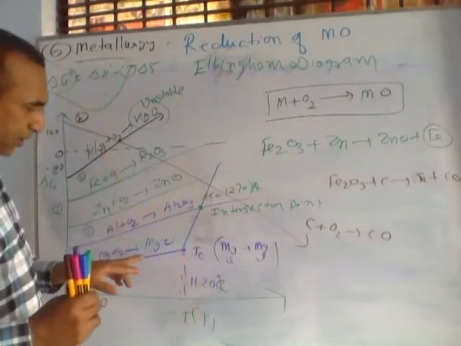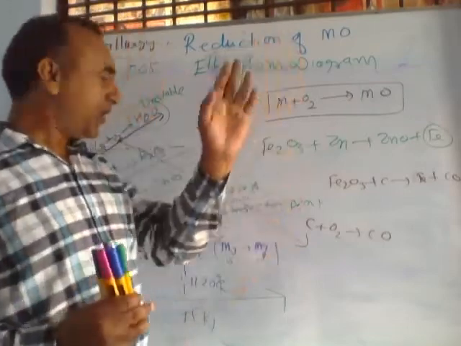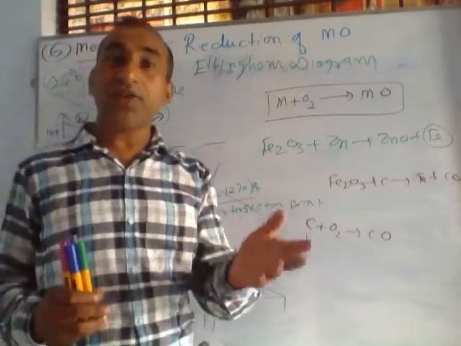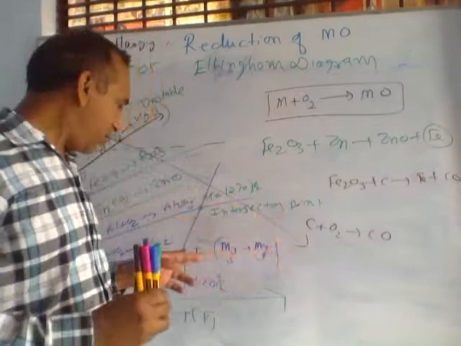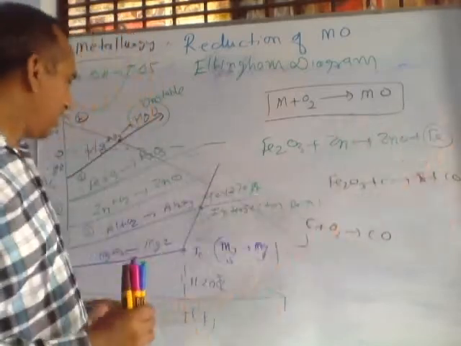In these graphs there is a sudden change, a sudden increase upward. This indicates a change in physical state, meaning at this temperature solid becomes liquid, liquid becomes vapor.